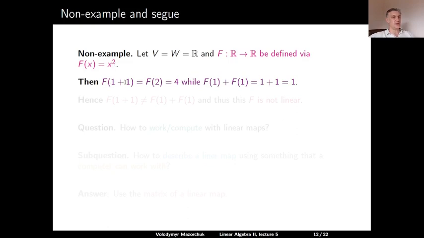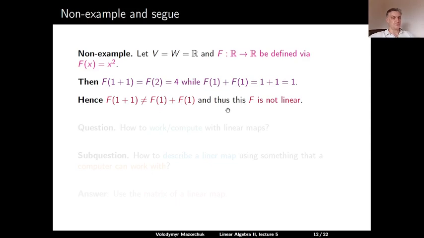Then f of 1 plus 1 is equal to f of 2, which is 2 squared, which is 4, while f of 1 plus f of 1 is 1 squared plus 1 squared, which is 2. In particular, f of 1 plus 1 is equal to 4, and this is not equal to f of 1 plus f of 1, which is equal to 2. So 4 is not equal to 2, so the first condition is not satisfied, and therefore the map F is not linear.